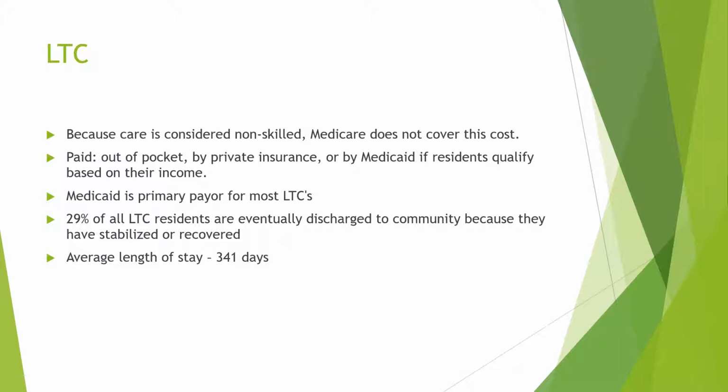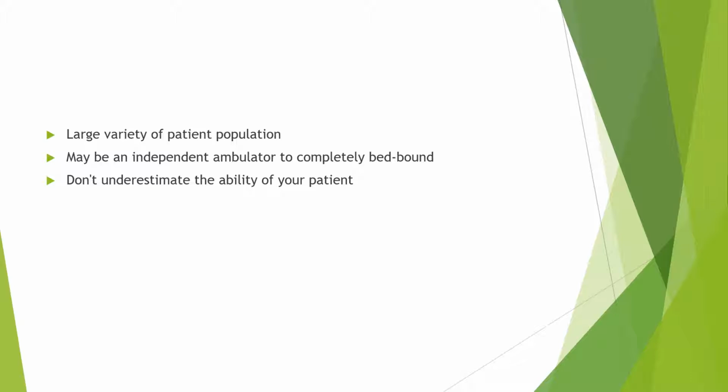And so that's where making sure these patients stay as strong and healthy as possible is really important to hopefully get them back to their community, whether that be back to their specific home, or maybe it's with family and loved ones, or some other type facility. So because of the long-term and the average length of stay for most of these patients and residents in a long-term care facility, there's a large variety of patient population.